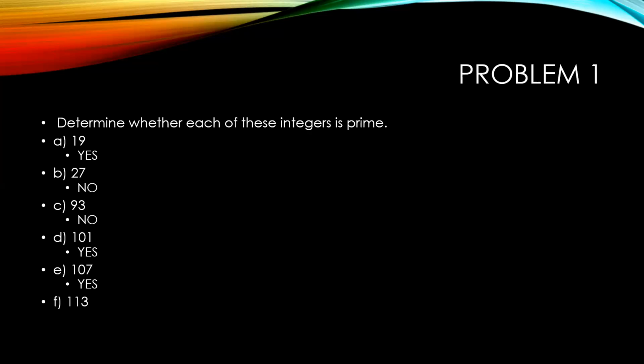When we divide by 2, 3, 5, 7, the result is a non-zero remainder each time, so this is a prime number. Okay, how about 113?